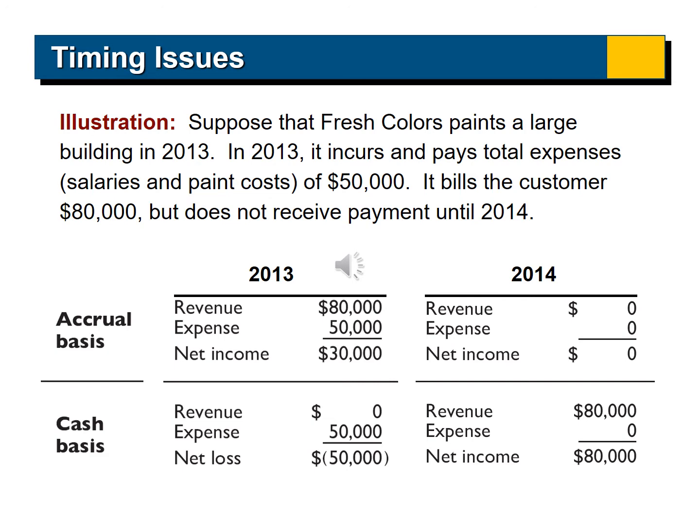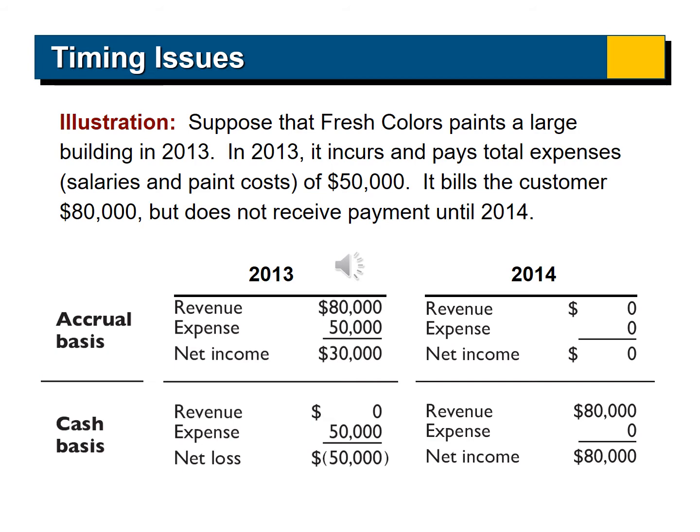Here we have a contrast between the accrual basis and the cash basis accounting. As you see here, in 2013, both revenues and expenses are recognized under the accrual basis because the revenue was earned in 2013 and the expenses were incurred in 2013, which are matched with the revenue, showing a net income of $30,000, and that makes perfect sense.